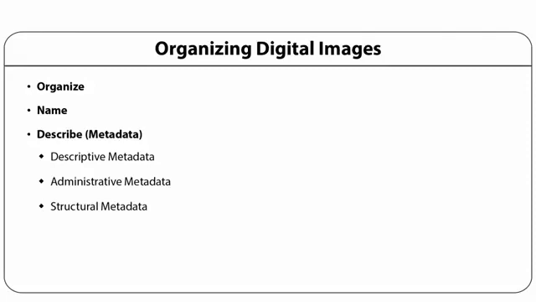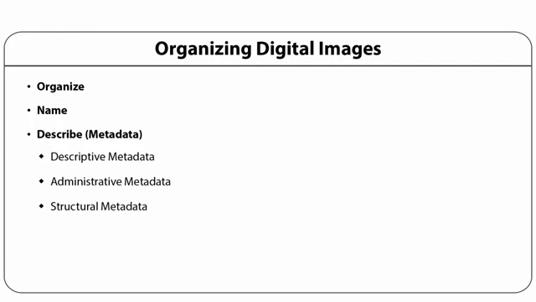The second one is name. Name the scanned image files in a strictly controlled manner because that reflects their logical relationships. The third one is describe, or metadata. Describe the scanned image files internally using the image header and externally using linked descriptive metadata files.